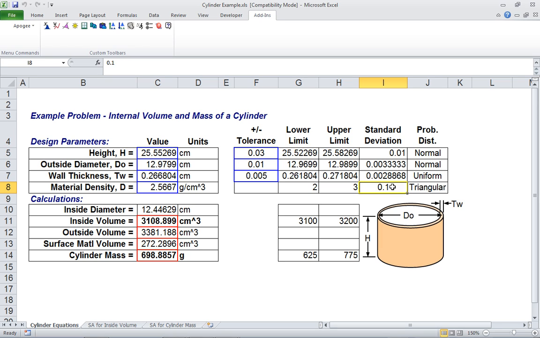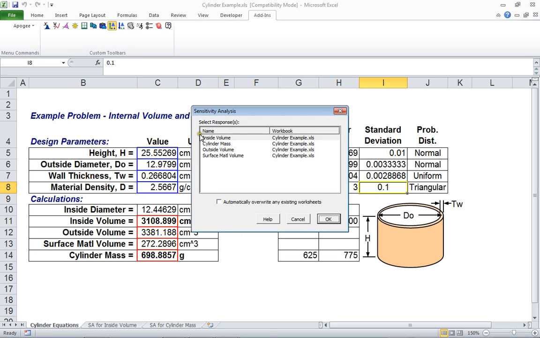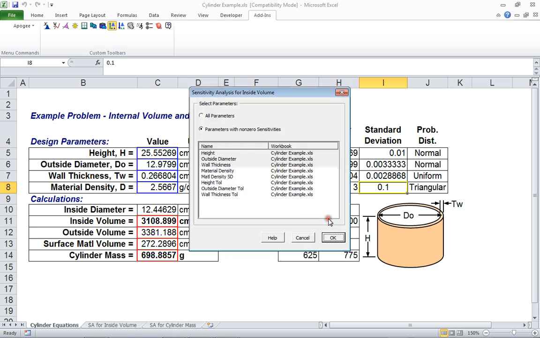So now what I could assume is that if I use these values and rerun the sensitivity analysis, I expect to see PNCs less than 1%. So let's go do this, and let's run the sensitivity analysis one more time, and I'll do this for the inside volume and the cylinder mass, our 2 primary responses we have been evaluating.